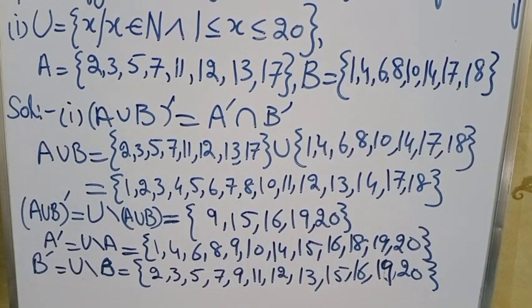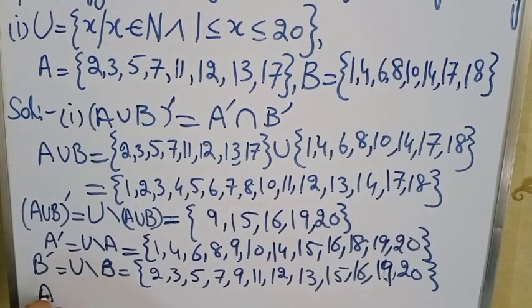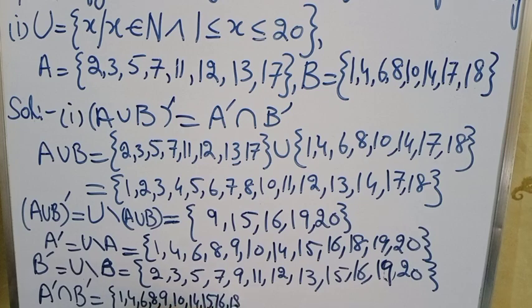So we have to find A complement intersection B complement, all elements common with these both sets. We have to write these two sets here. A complement has elements 1, 4, 6, 8, 9, 10, 14, 15, 16, 18, 19 and 20.